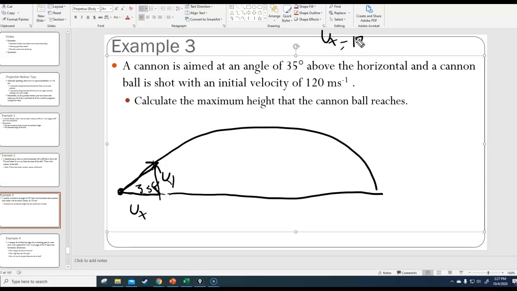Ux is going to be 120 cosine 35 degrees. That's going to be 98.3 meters per second. And then uy is going to be 120 sine 35 degrees.